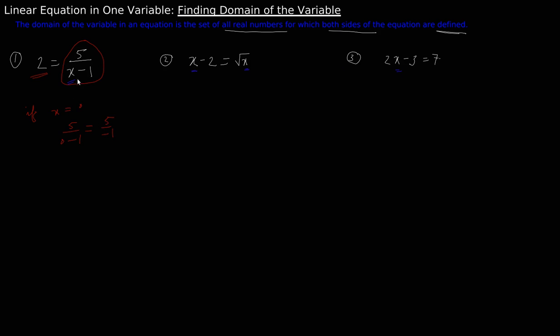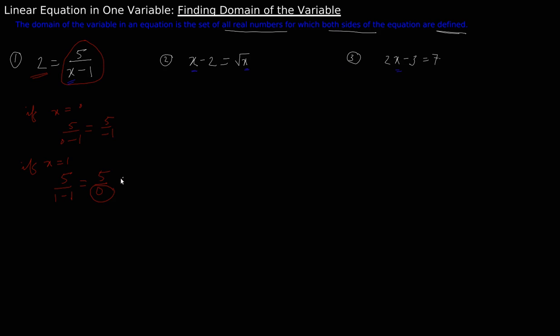Now what if x equal to 1? It is going to be 5 over 1 minus 1, which is going to be equal to 5 over 0. Now 5 over 0 we are never going to be able to calculate. If you punch your calculator, it is going to give you error. Because if my denominator is 0, then you cannot compute.